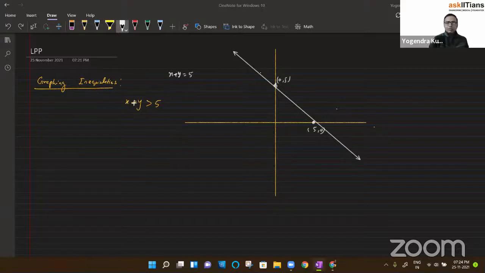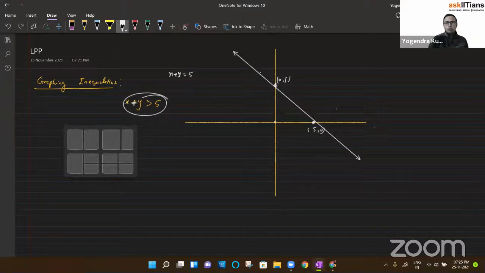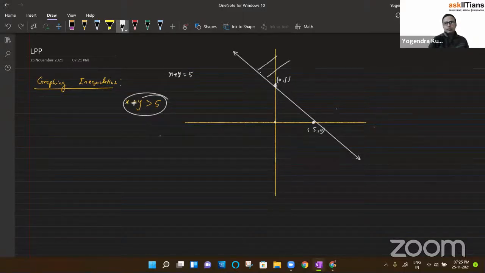The origin is best in this case. If you put the origin here, it is not satisfying. The origin is not part of the solution of this inequality, so we need to shade the other side region. Because if I put 0 comma 0, it shows that the other side region is the solution. But it is better to just give one arrow mark.